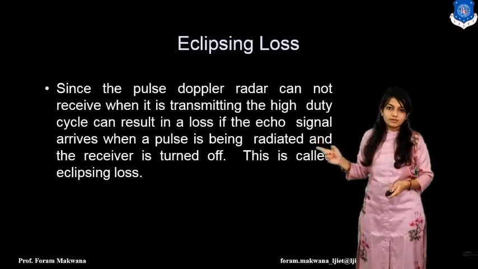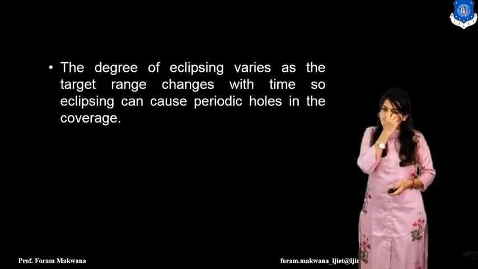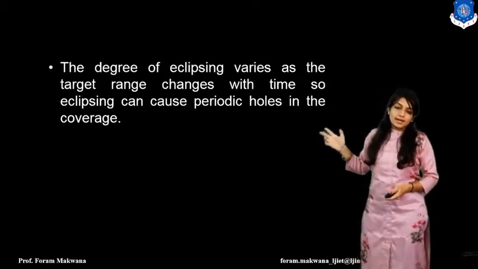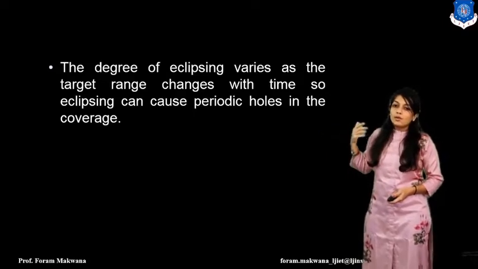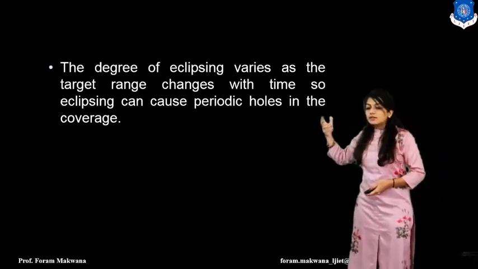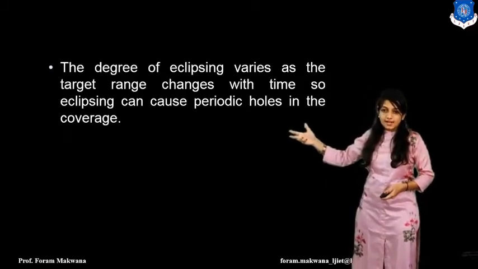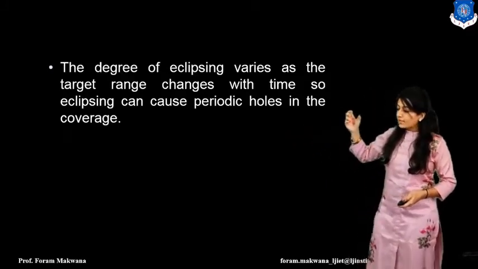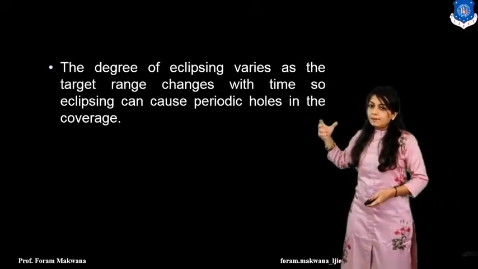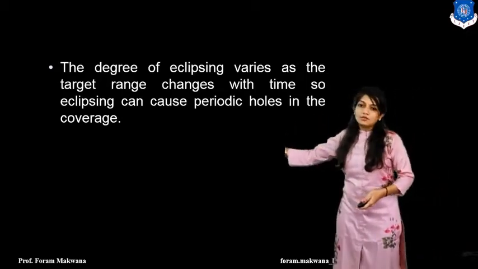Eclipsing loss. Secondly, the degree of the eclipsing loss will change as the target's range changes with time. So the eclipsing will cause periodic holes in the coverage.